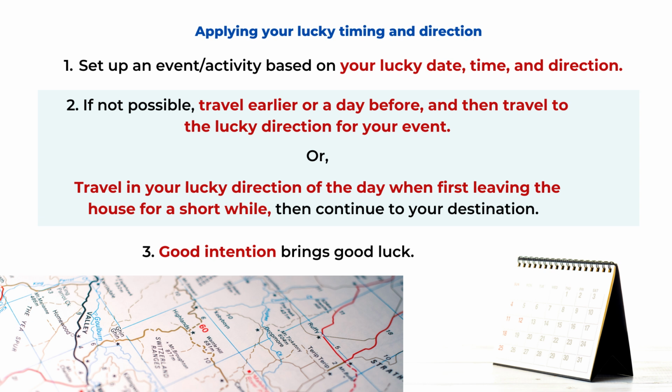And another way is to travel to your lucky direction first. When you first leave the house, you can travel to the lucky direction, maybe 5-10 minutes, and then change direction to continue your traveling. Those are two recommended ways if the event is really important and you cannot control the direction or timing.